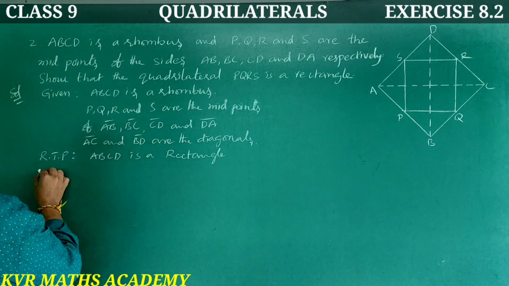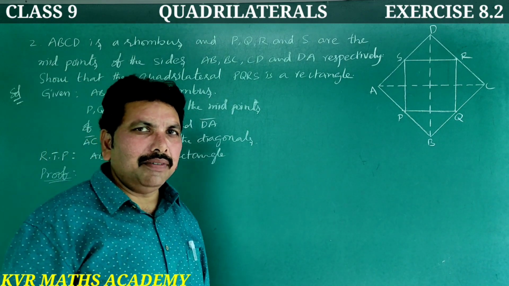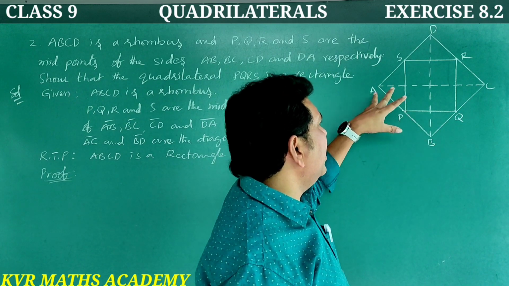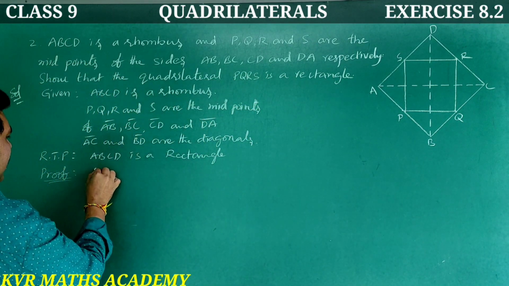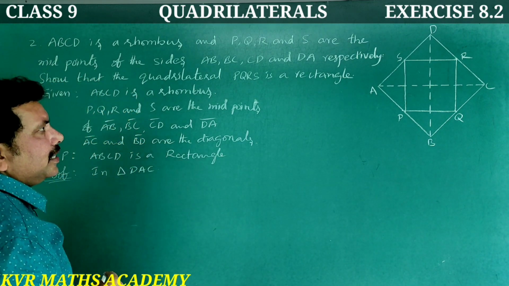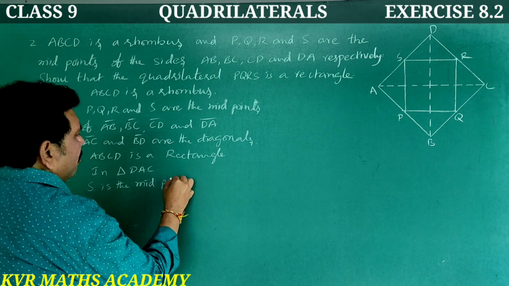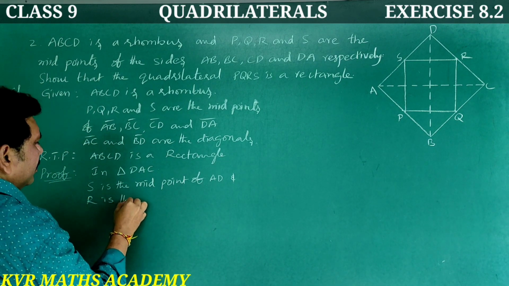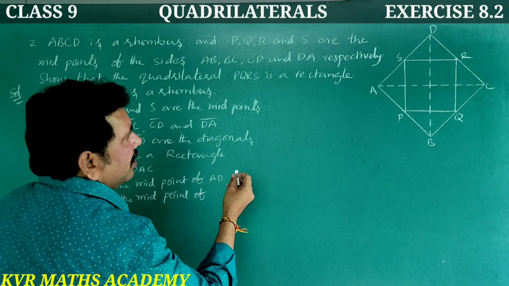Proof. Let us prove it using the midpoint theorem. Consider the triangles DAC and BAC. First, in triangle DAC, S is the midpoint of AD and R is the midpoint of CD.